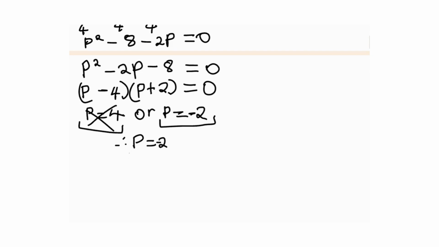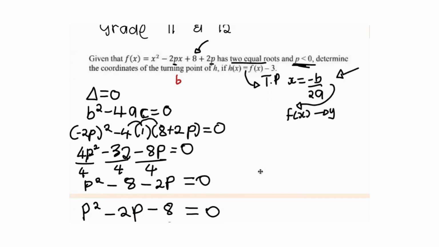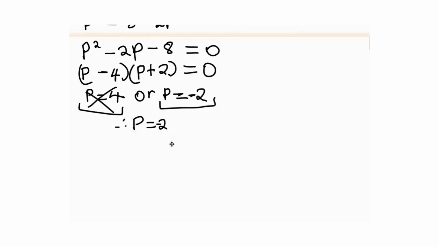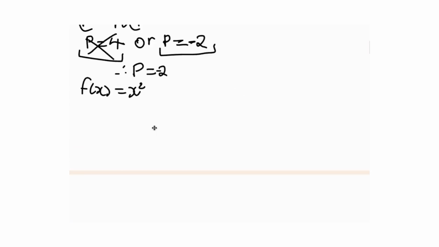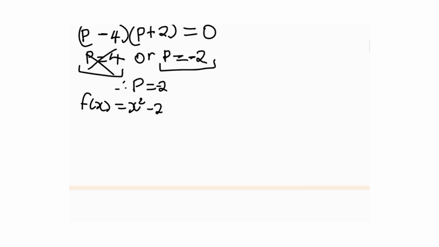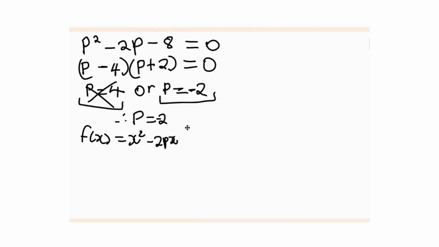Negative 2. Now we have found the value of p, meaning we can substitute p there, so that we now have a normal quadratic equation of a parabola that we can make use of. So I'm going to substitute the p value. So our f(x) is x squared minus 2px plus 8 plus 2p.